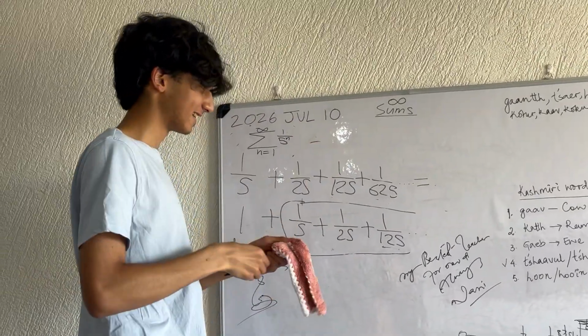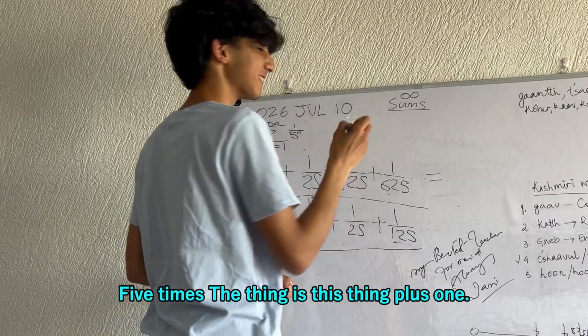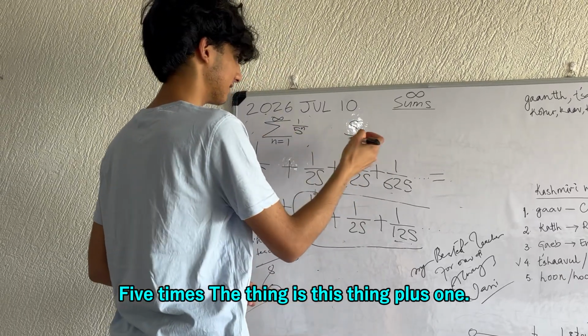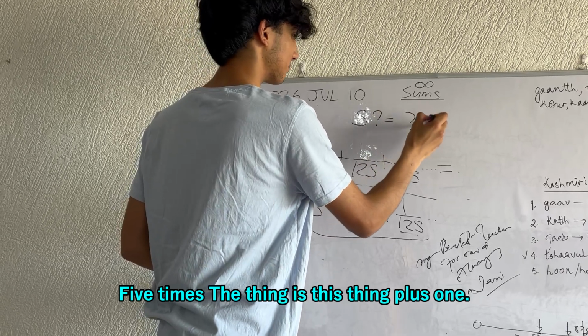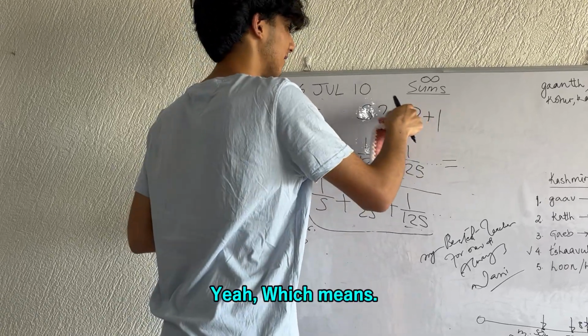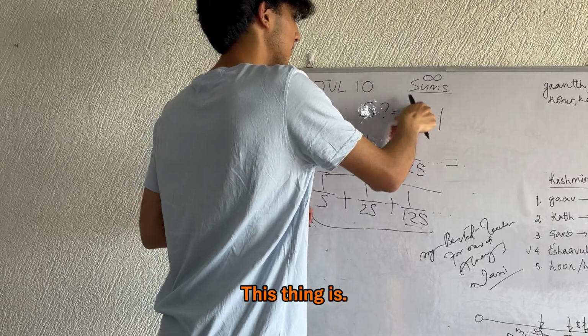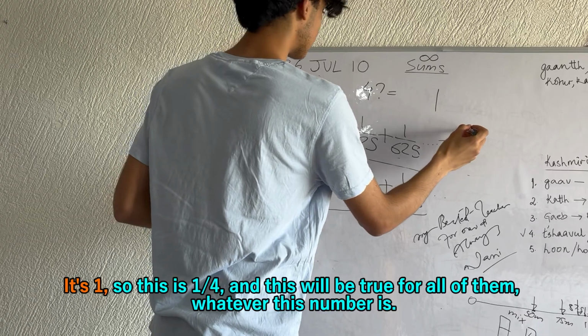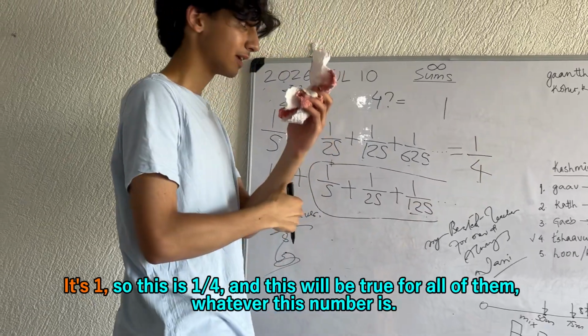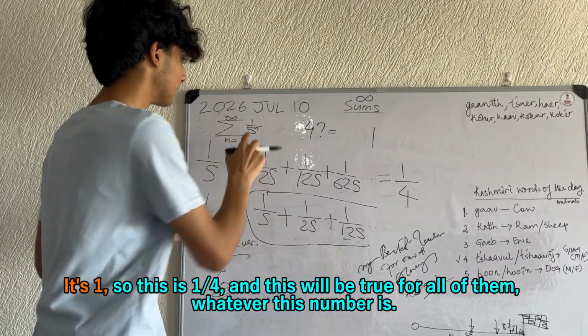So 5 times the thing is this thing plus 1, which means 4 times it is 1. So it is 1/4. And this will be true for all of them.